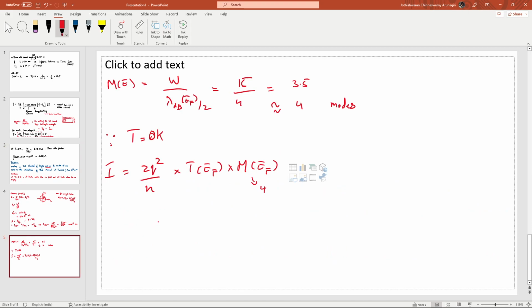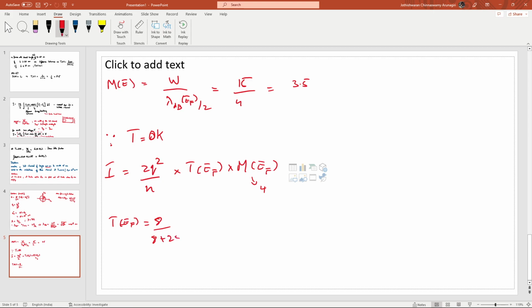So T of EF is equal to 8 divided by 8 plus 25. Right now let us not do the approximation of 3.5 to 4. We'll take the complete approximation at the end.